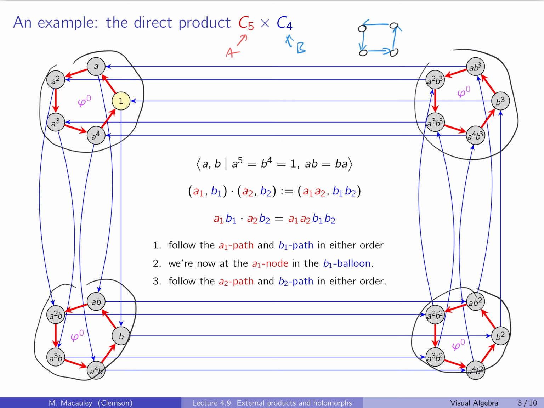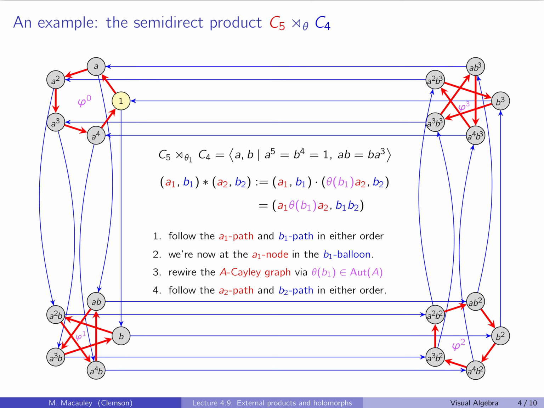Okay, got it? I'm going to do the same thing now, but I'm going to rewire some of these Cayley graphs. In the semidirect product of C5 with C4, well, this is one particular semidirect product. We saw that there were two in addition to the direct product back in chapter 2. We have rewired copies in each of these, and our labeling map, remember that's a homomorphism, goes from B to the automorphism group of A, and that just labels each one of these nodes with a homomorphism.